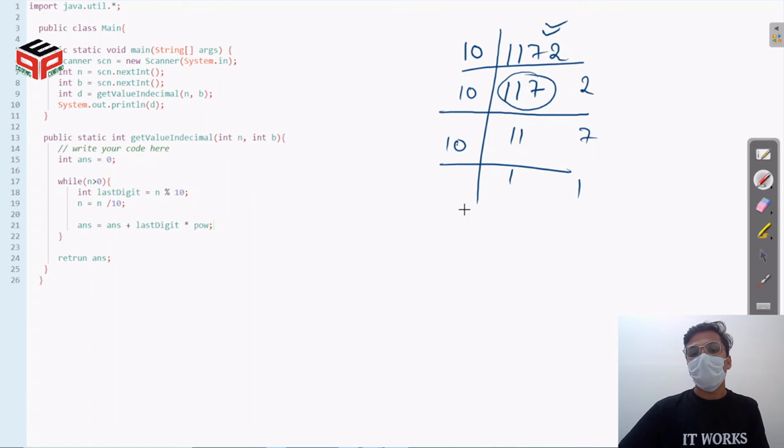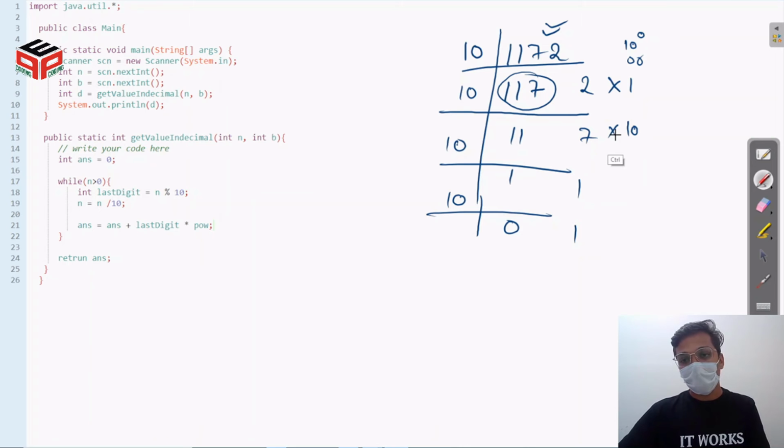Quotient as 1, remainder as 1. Quotient as 0, remainder as 1. So in this place, this number can multiply by 8 raised to the power 0. Here it can multiply by 8 raised to the power 1. Here 8 raised to the power 2. Here 8 raised to the power 3.